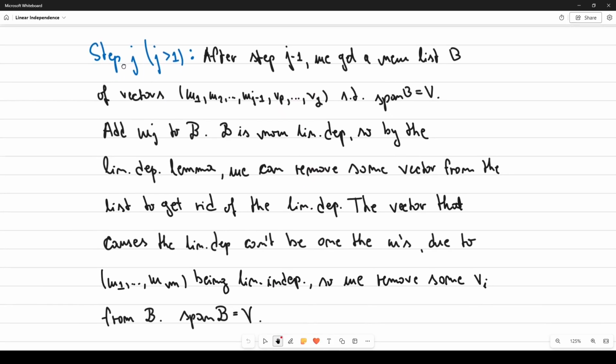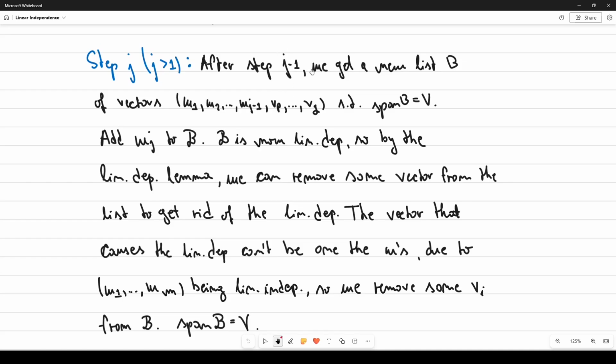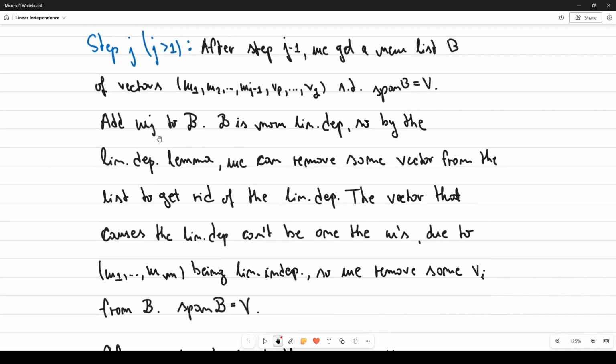Now in step j, so in step 2, in step 3, and so on, after step j minus 1, we get a new list B of vectors, for example, w1, w2, all the way to w(j-1), and the remaining v's over here, such that the span of this list is V. Now again, we add wj to our list B, and now B has to be linearly dependent. By the linear dependence lemma, we can remove some vector from the list to get rid of the linear dependence.